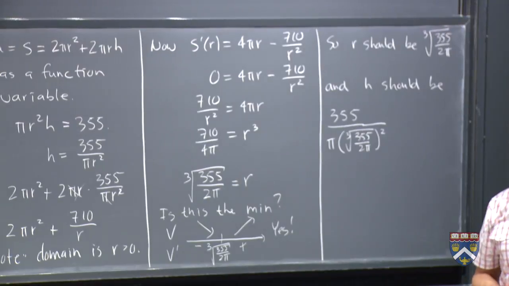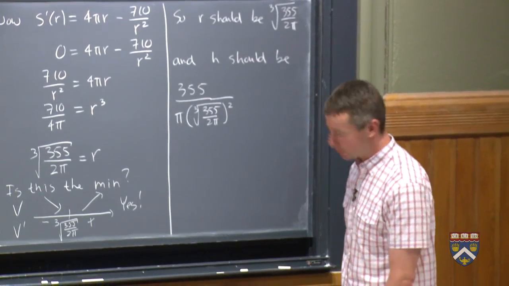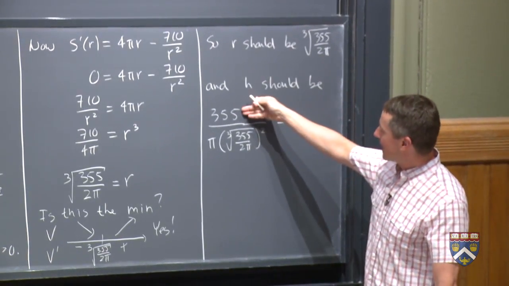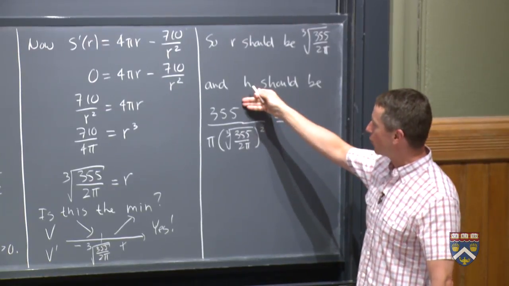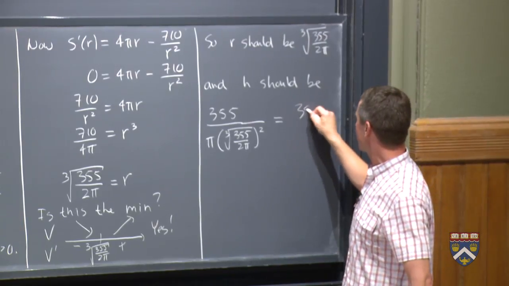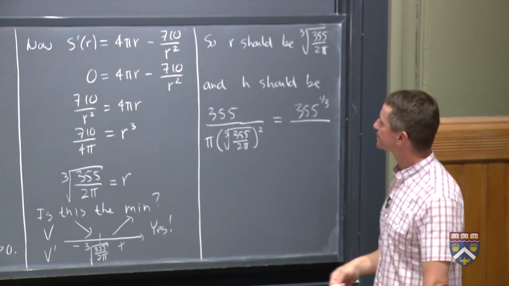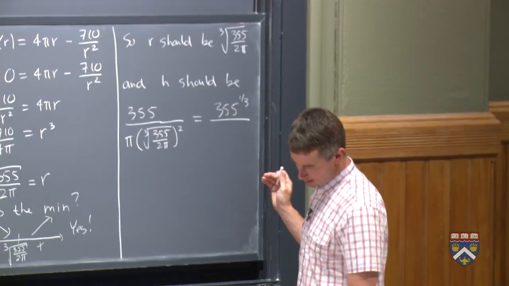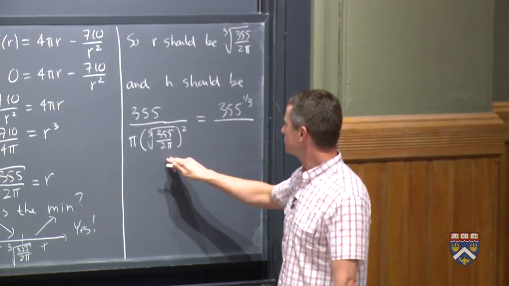One thing about these problems is that often if you do simplify, it sort of works out to be something nice. So if we do simplify this, I've got a 355 on the top. I've got a cube root squared of 355 on the bottom, meaning I've got 355 to the 1 on the top and 355 to the 2/3 on the bottom, meaning on the top I really have 355 to the 1/3 after we simplify that. And on the bottom, we've got a 2 pi.